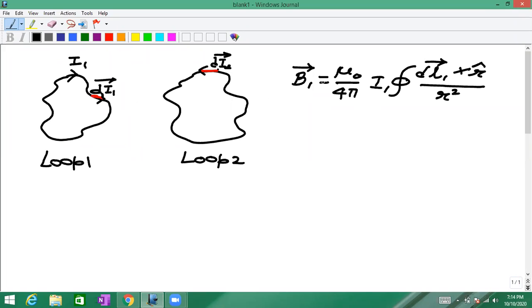It is mu naught by 4 pi I1 dl1 cross r cap divided by r square. Now what is the magnetic field at this point, the central point of loop 2, but loop 2 is absent now, due to the entire loop 1? It will be just the integration of that expression.